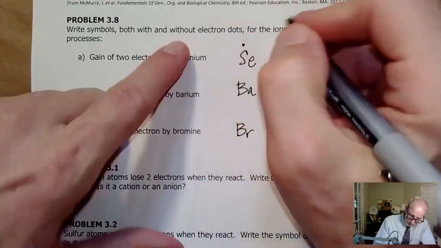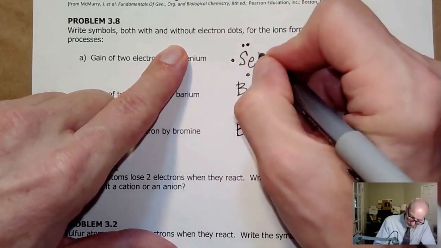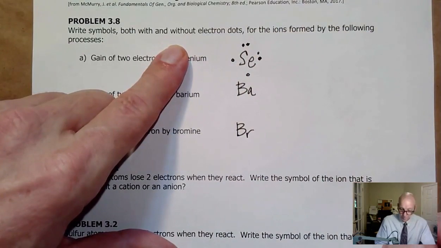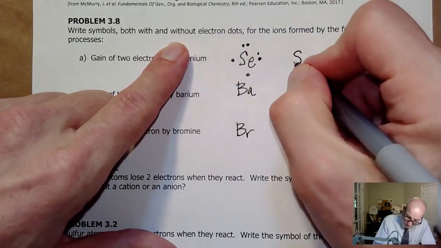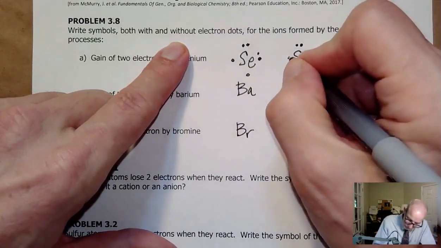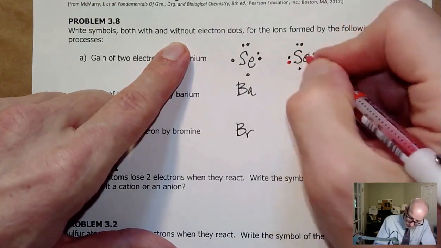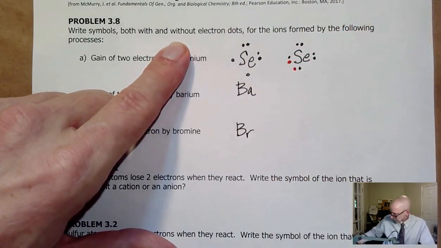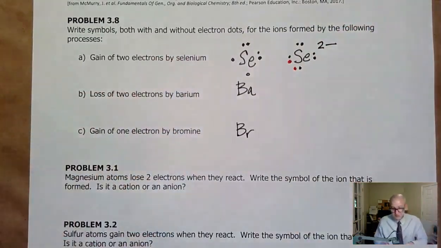I'm going to put on my electrons. 1, 2, 3, 4, 5, 6. And then it says selenium. And it says add 2 more electrons. 2 minus.